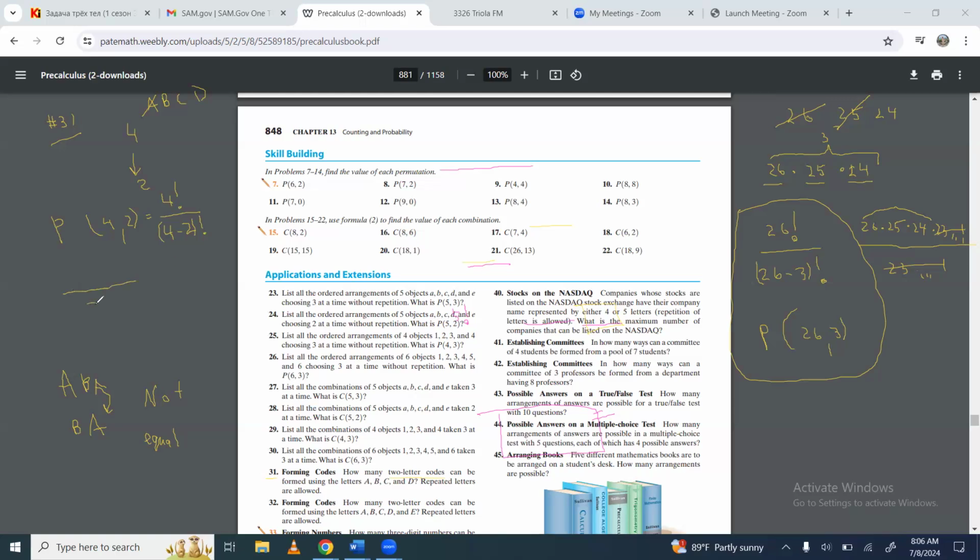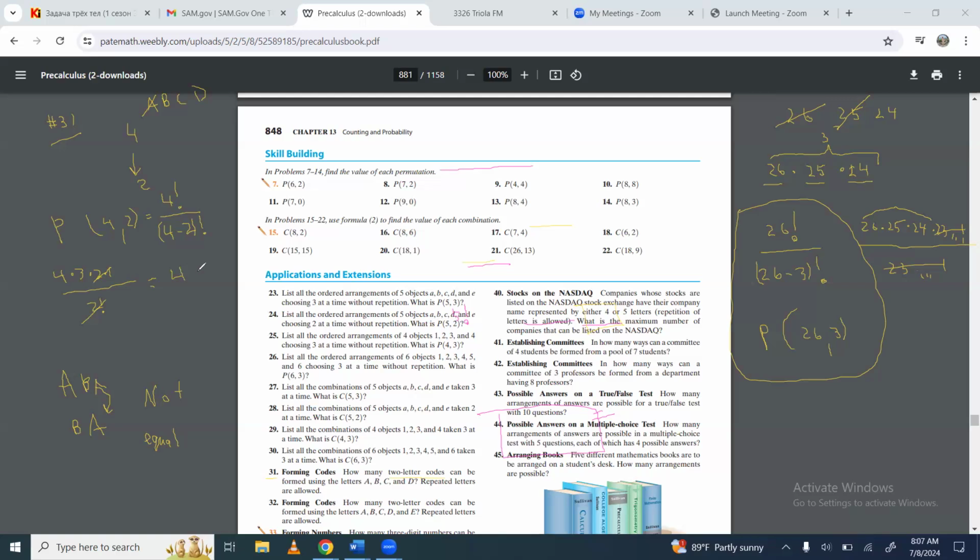So 4 minus 2 is 2 factorial. And what's 4 factorial? 4 times 3 times 2 times 1. So that 2 factorial is going to cancel, and we get only 4 times 3, which is equal to 12.